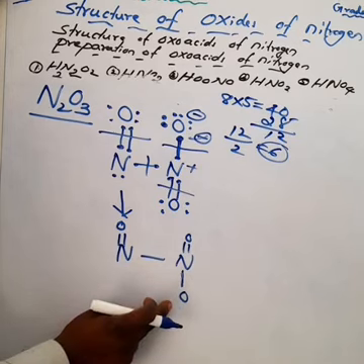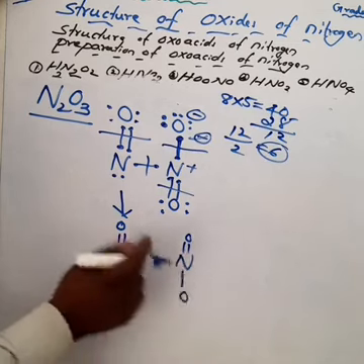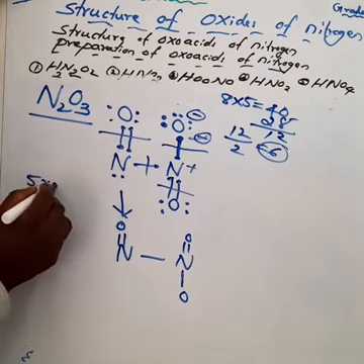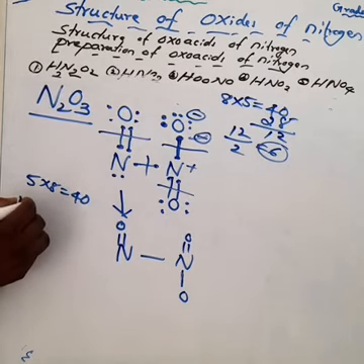So how many electrons are needed? How many elements do we have? 1, 2, 3, 4, 5 elements. One element needs 8 electrons. 8 fives are 40 electrons needed. But how do we find the outermost electrons present in each element?